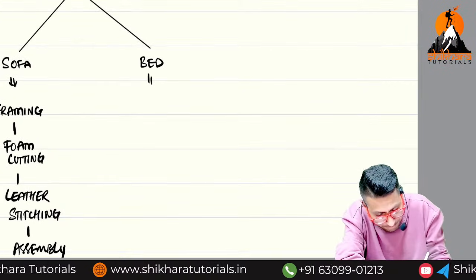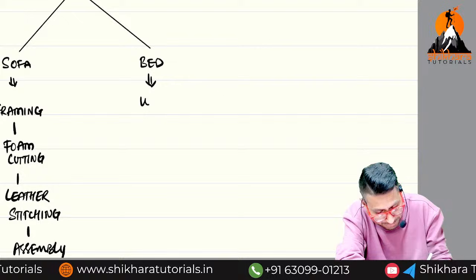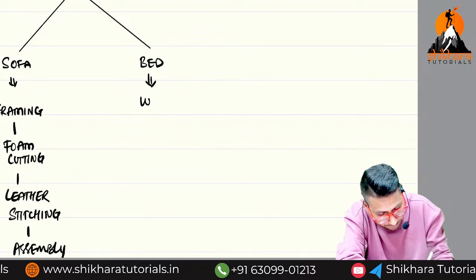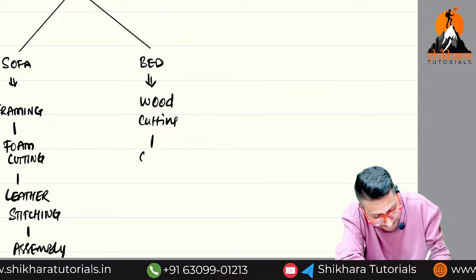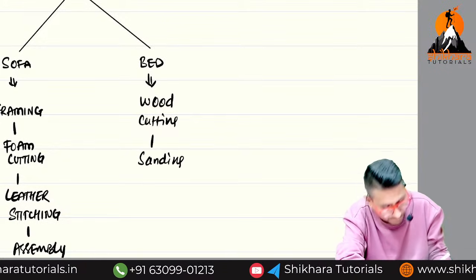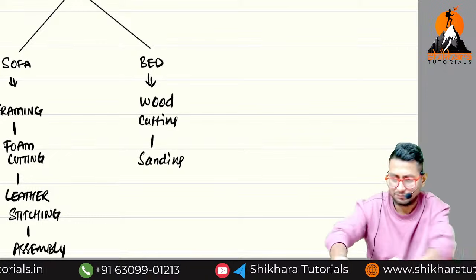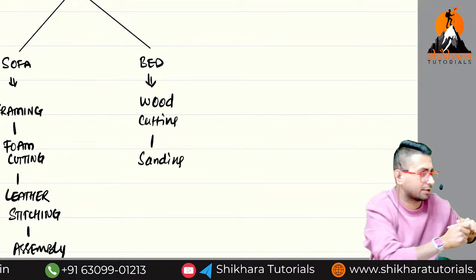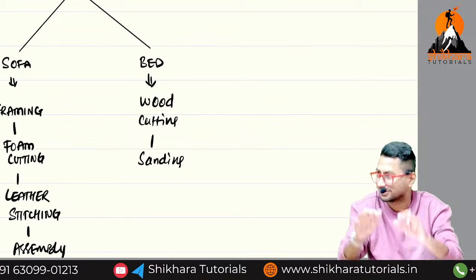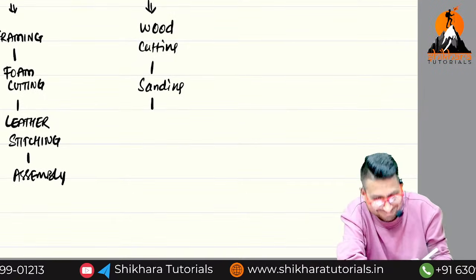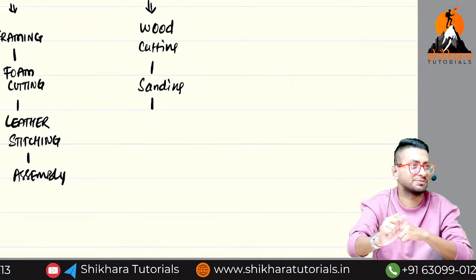Then they also have a bed. For the bed, let us say wood cutting is the first step. Then we have sanding, like a carpenter will do. Sound will come. I don't know how to say that in English. That one. How will the sound come?